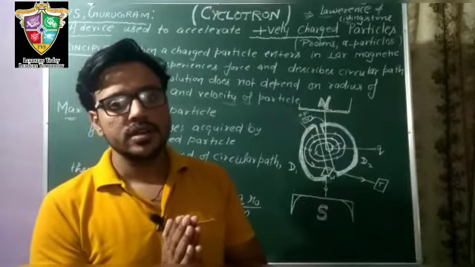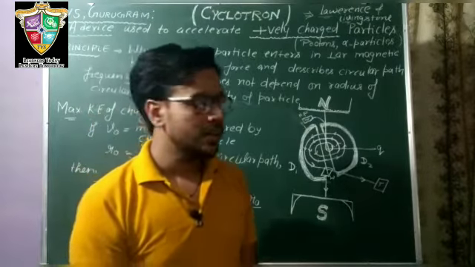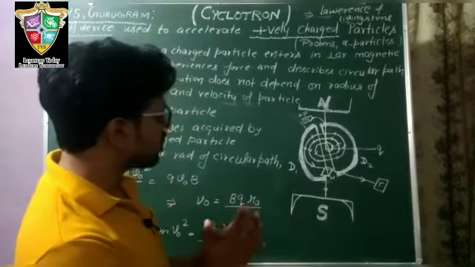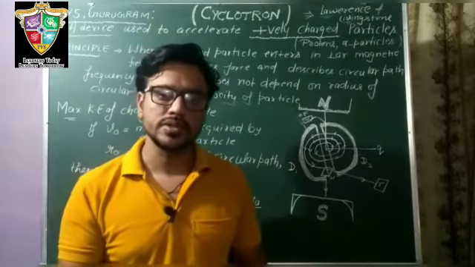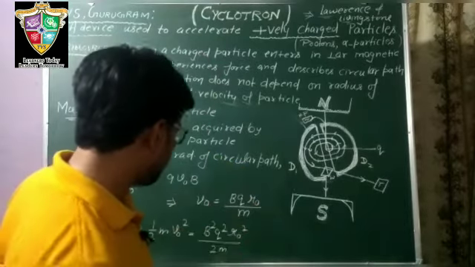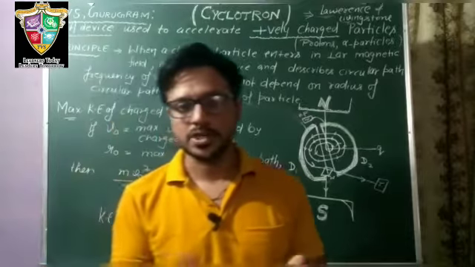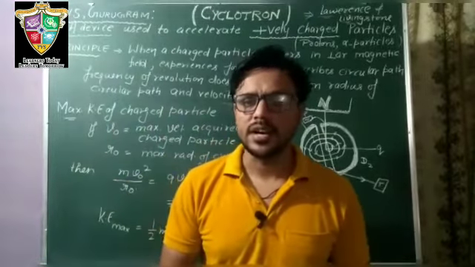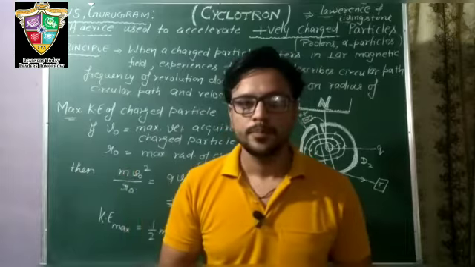If we talk about some limitations of this cyclotron, we can write that if a charged particle is moving, its mass also increases with speed, so we can't neglect the variation of mass with the speed of the charged particle. Secondly, we can't accelerate negatively charged particles like electrons with this device.